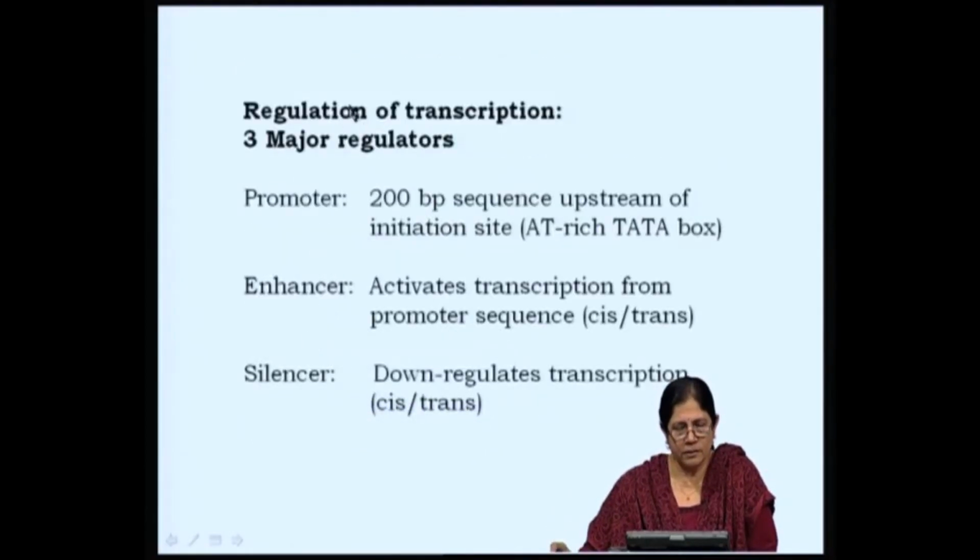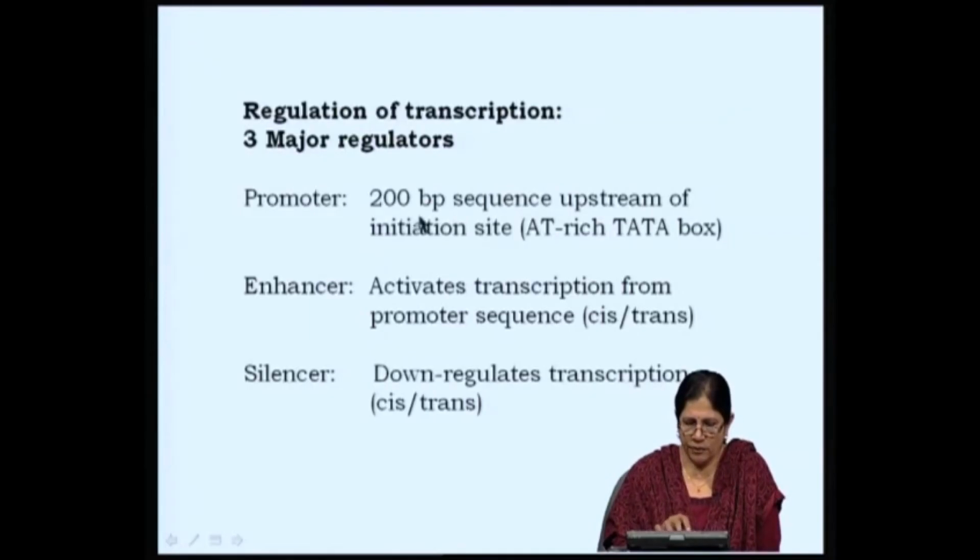Let us look at the regulation of transcription of the now recombined immunoglobulin genes. There are 3 major regulators, like in almost every gene: promoters, enhancers and silencers. Promoters, all of you would know already.